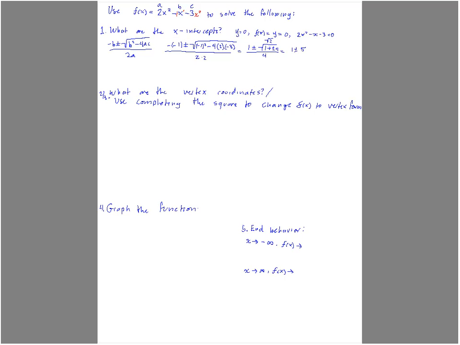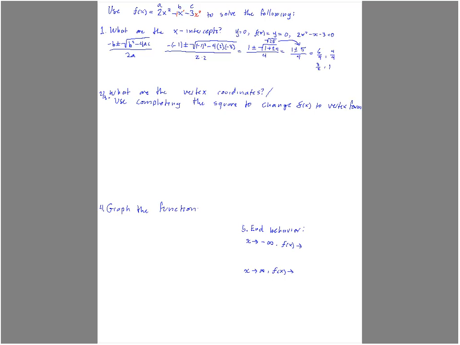I jumped a step and went ahead and solved that part. So that is equal to either 6 over 4 if you add the 1 and 5, or 4 over 4. And that can be further reduced to 3 over 2 and 1.